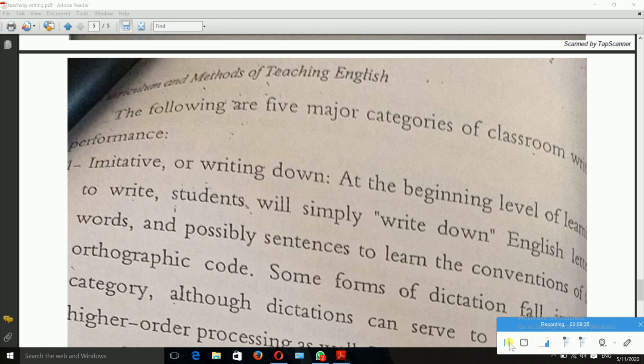The steps of dictation are: teacher reads a short paragraph once or twice at normal speed. يعني هناك سرعة أو طريقة إيقاع لقراءة النص أو الفقرة القصيرة.